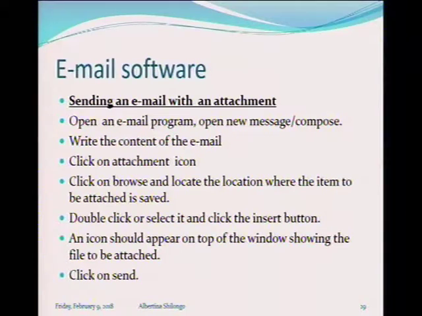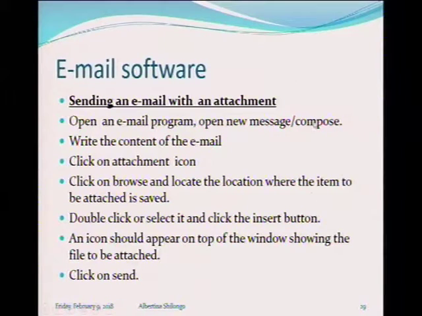If you are sending an attachment to somebody, it's not right to just send the attachment without saying something. So you say something and then you attach the file that you want to send. These are the steps for sending an email with an attachment.